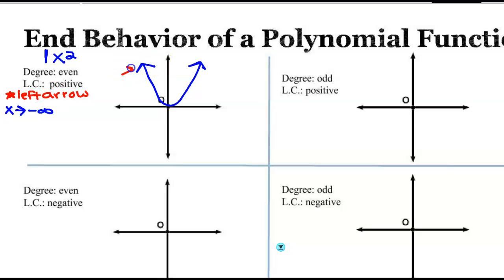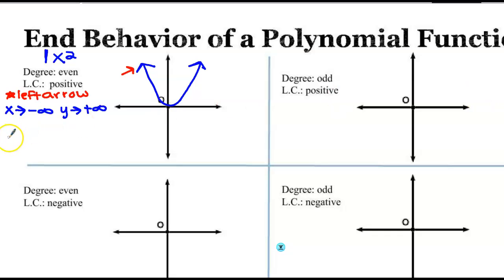The left arrow over here. As x approaches negative infinity, so basically, when I look at my left arrow, y approaches what? So in these instances, I'm basically thinking, is it going up or down? Up would be positive infinity, and down would be negative infinity. So in this instance, they are going up.